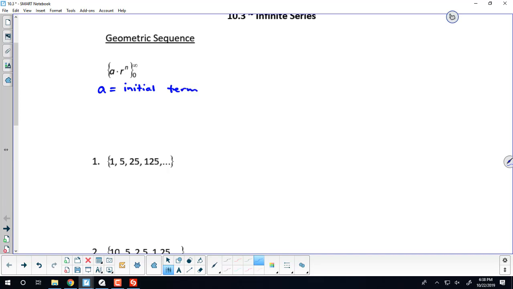We'll go ahead and label these, because when we get to the geometric series, they don't change their interpretation. So a is the initial term; it's constant. R, as we've noticed before, is the ratio. That n could be viewed as the number of terms.